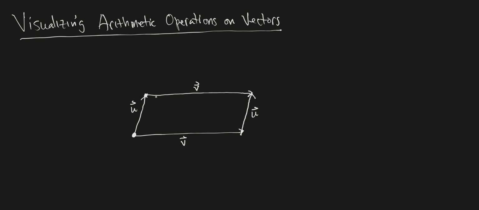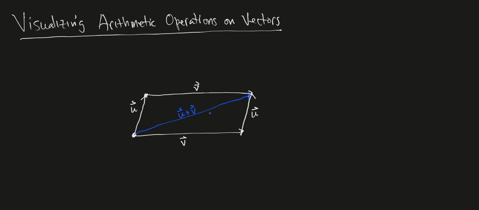So if I think of u plus v as first moving along the vector u and then moving along the vector v, then u plus v would be the vector that starts at this point and ends at this point. So like this.